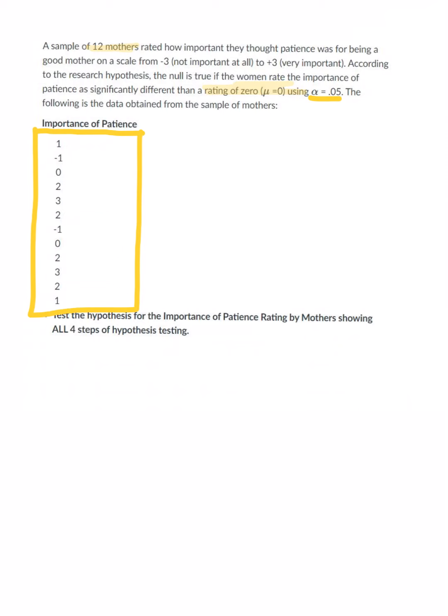It's just they're looking at, if you'll notice, they say, according to the research hypothesis, the null is true if the women rate the importance of patience as significantly different than a rating of 0. So the null is that they will not be significantly different than a rating of 0. Okay.